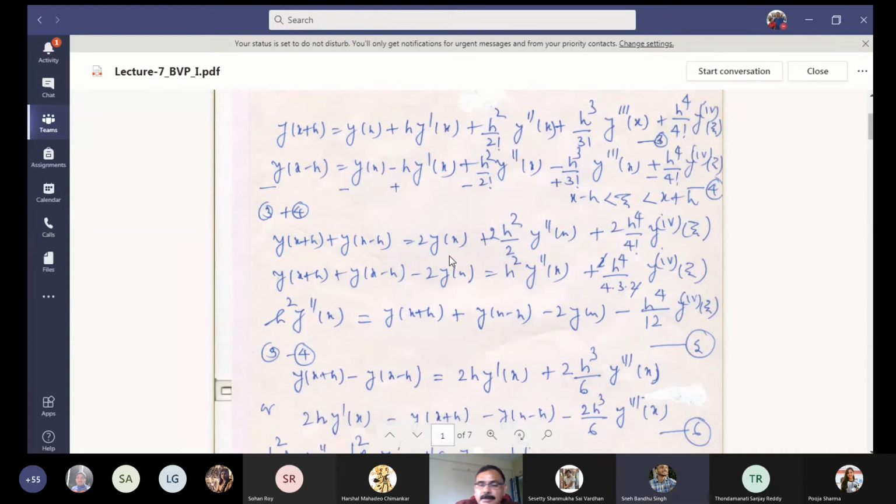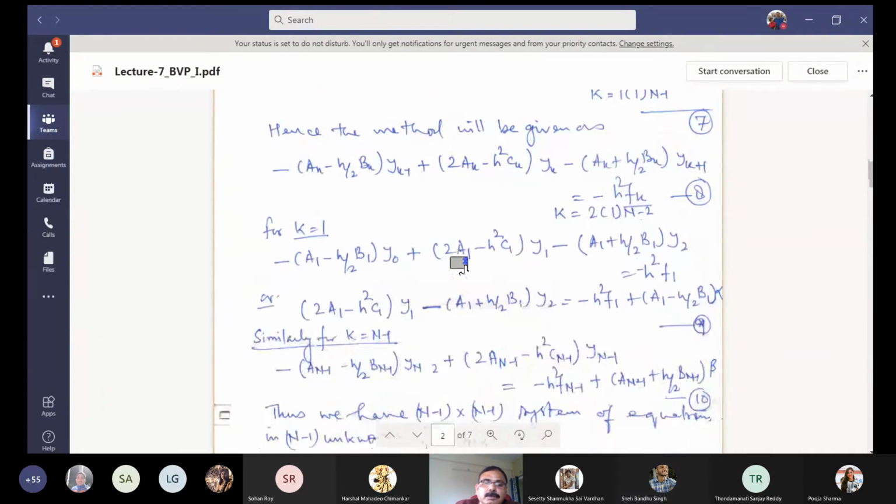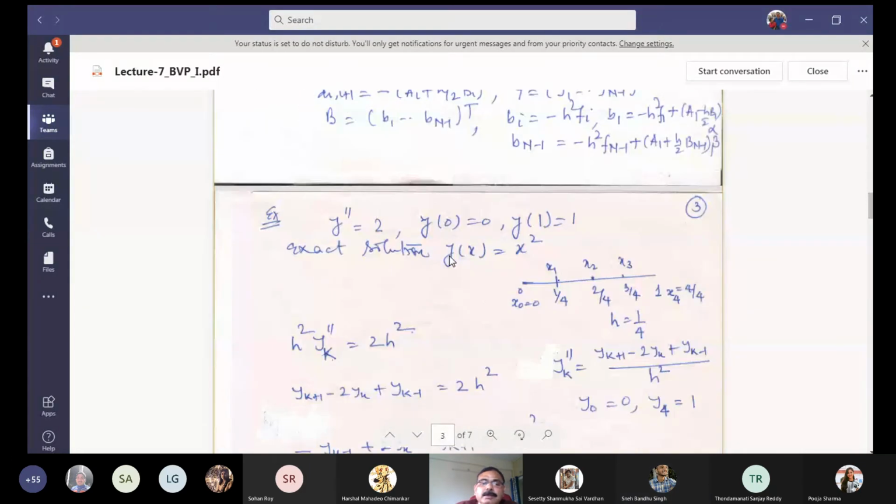Got it? Okay. Now I will show that. This is called the boundary value problem because there are two conditions given at the two boundary points. The interval of this one is 0 to 1. Is that right?